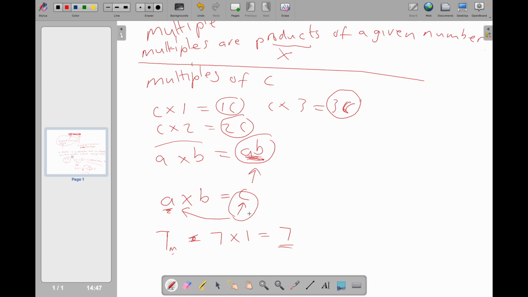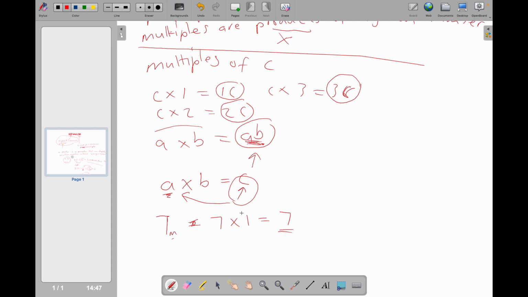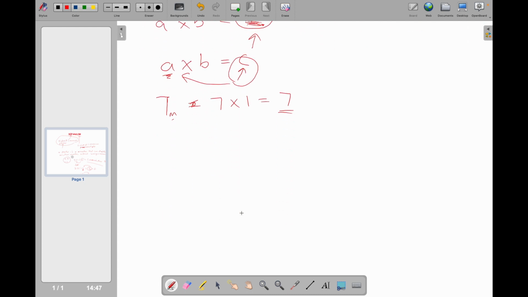Okay, now let's look at something else. 1 and 0 can be considered multiples of all numbers, of every number. Why?